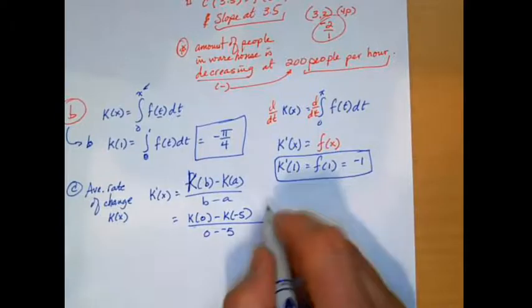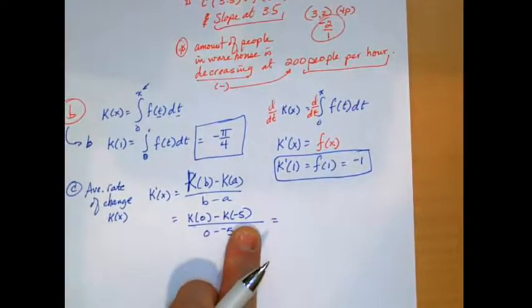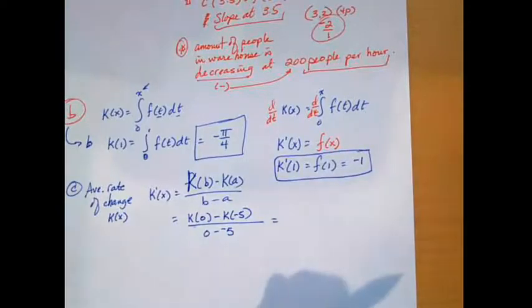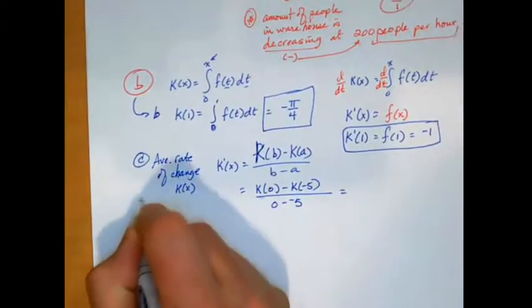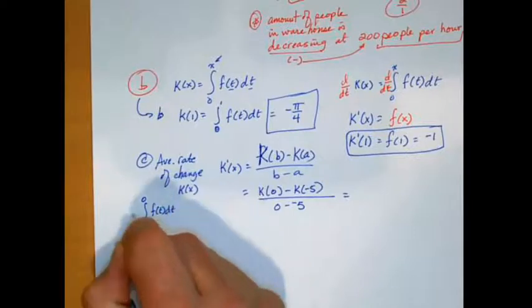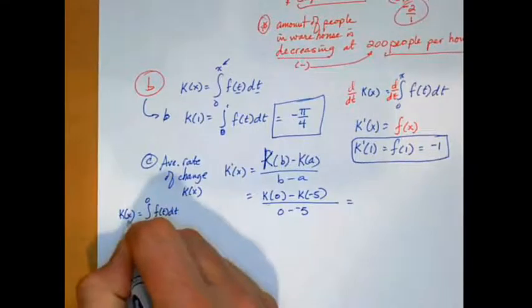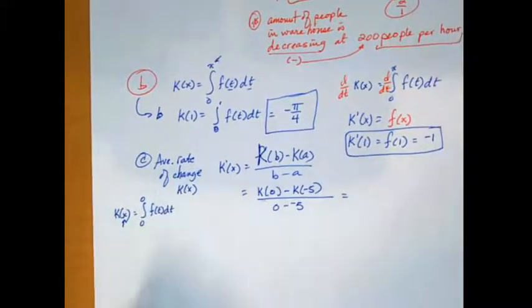All right, so what is K of 0? Well, K of 0 is the integral from 0 to 0 of f of t dt, because, reminder, this is K of x. If I plug in 0, I get a width of 0.